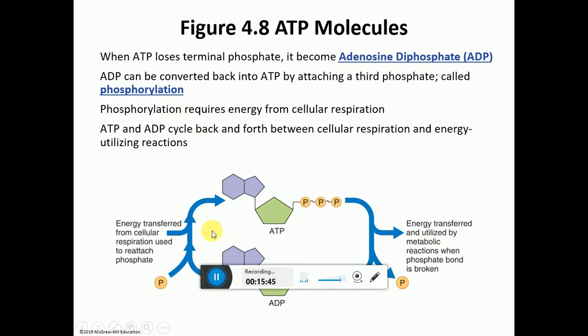That process of taking the ADP and adding the phosphate to it to convert it back to ATP is known as phosphorylation. And this happens in a cycle, for the cell to keep on using and remaking the ATP.